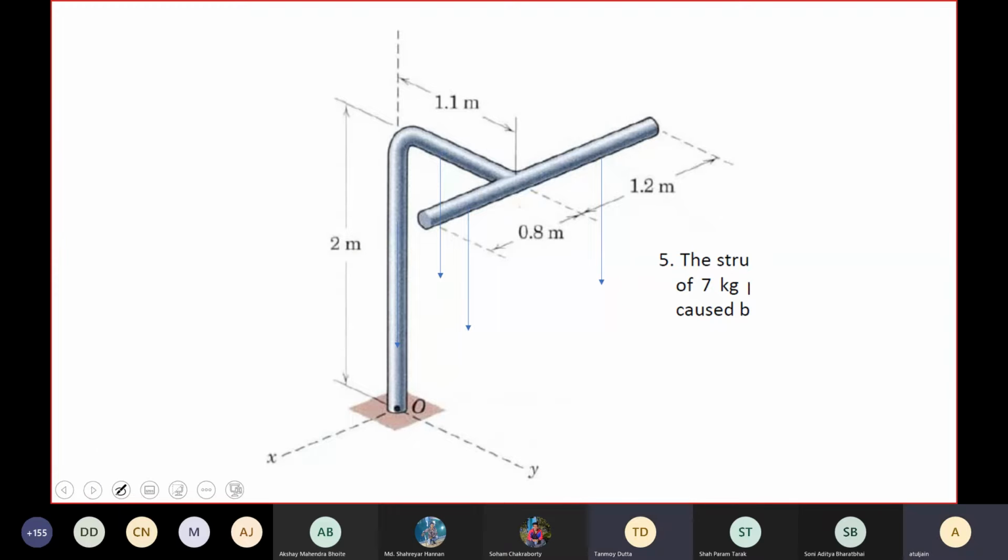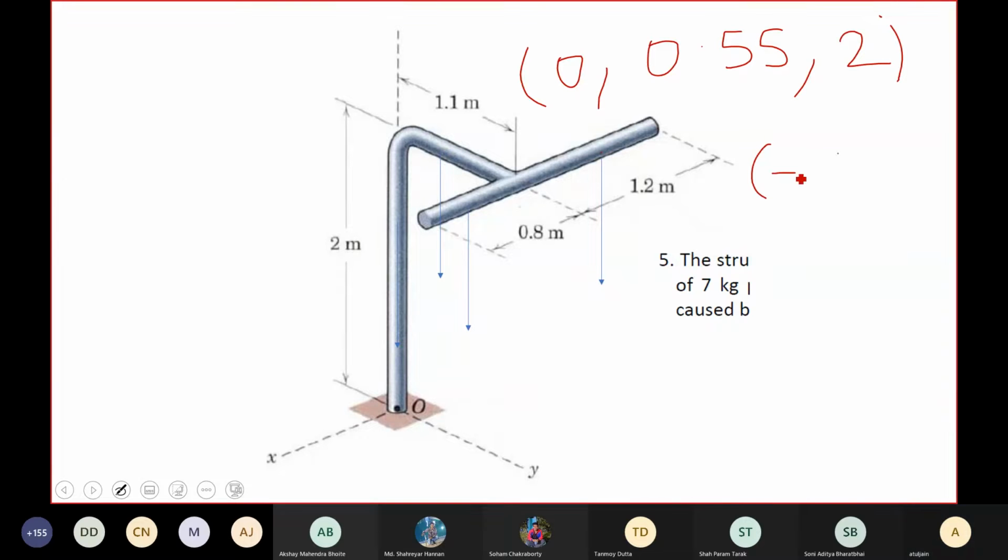Is this right? Yes. What is the coordinate of this point? Minus 0.6, 1.1, 2.